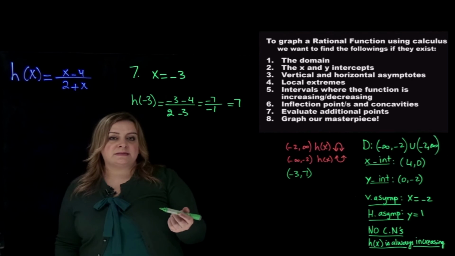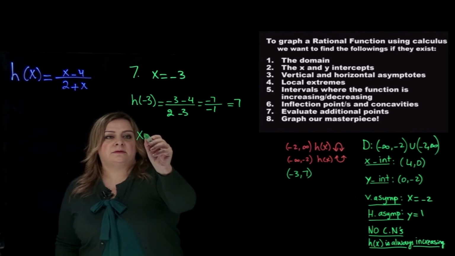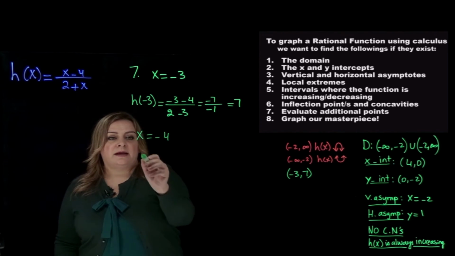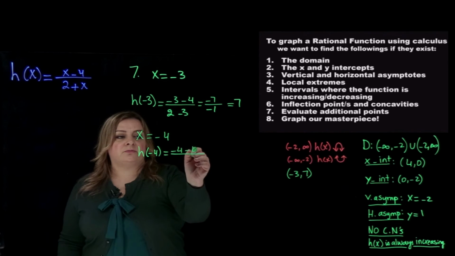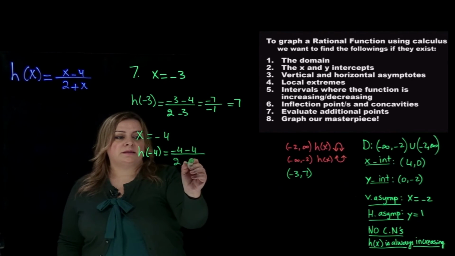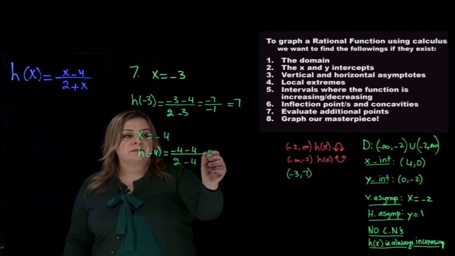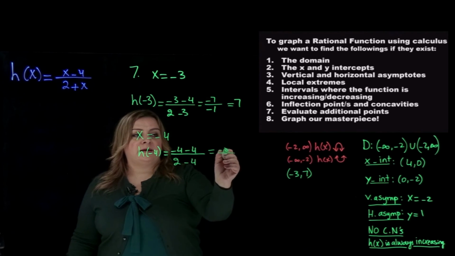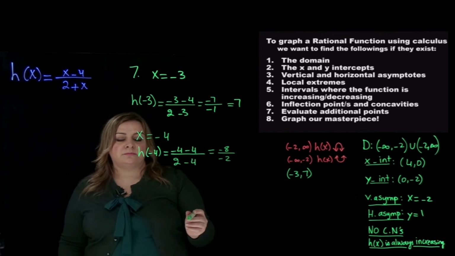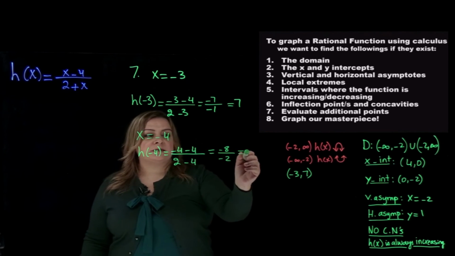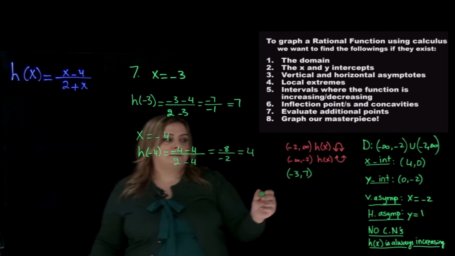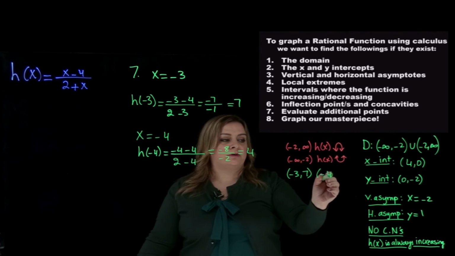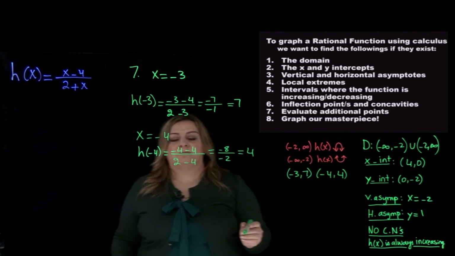If I let now x equal -4 and evaluate h at -4, I will have -4 minus 4 over 2 minus 4. This will give me -8 over -2, which is +4. Adding this point to my data, I will have -4 and +4.